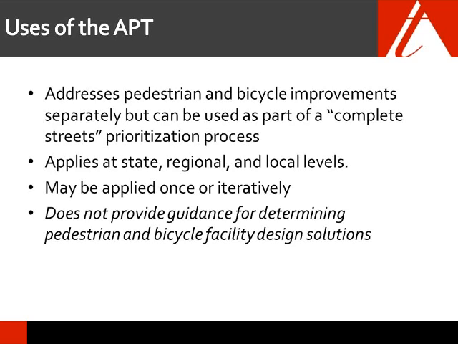When Jim talks about the Phoenix example, he's going to touch on how it was applied in a more iterative fashion. One thing I will point out is that this tool will not provide guidance for determining pedestrian and bicycle facility design solutions. So, for example, it will not help you decide the appropriate crossing treatment or the appropriate bicycle facility that you should install along the roadway.